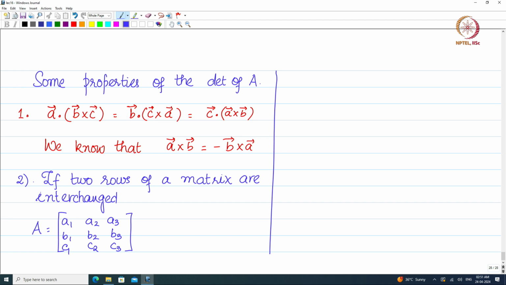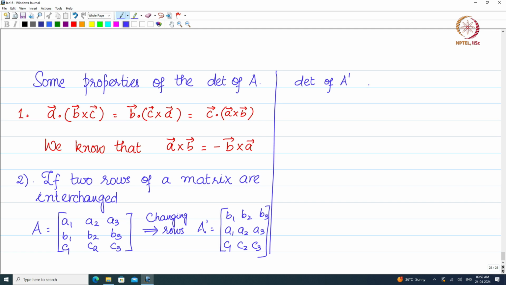We have this. Suppose if I change the rows, I get this matrix A prime, which is basically let us say B1, B2, B3, A1, A2, A3, C1, C2, C3, then the determinant of A prime. What is the determinant of A prime?